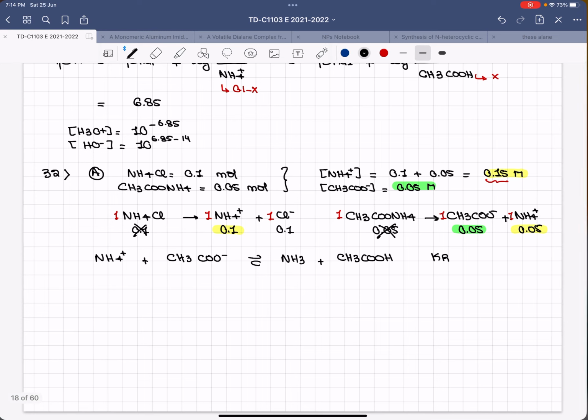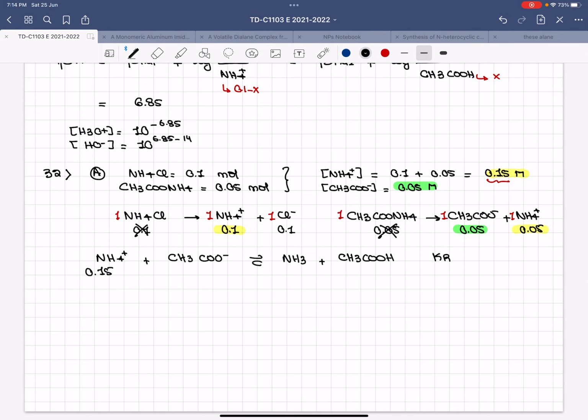And you start with 0.15 minus x, just let me move the iPad forward a bit. Okay, and 0.05 minus x, of course, initially. Okay, this is the change, and plus x.